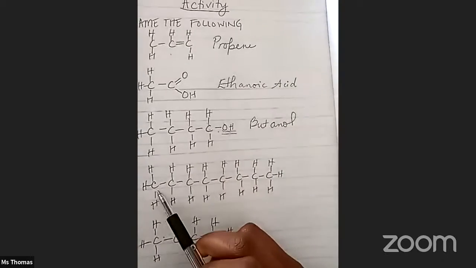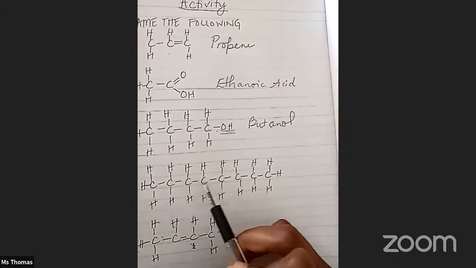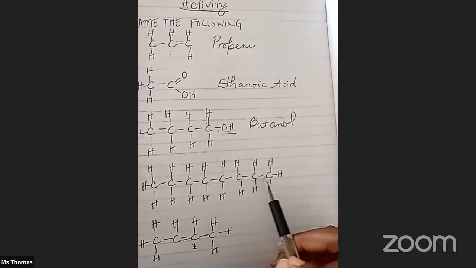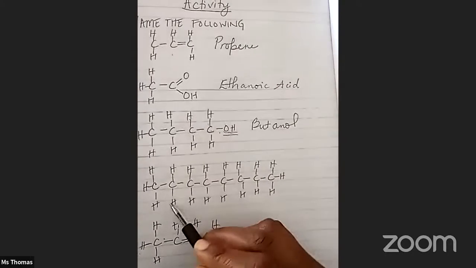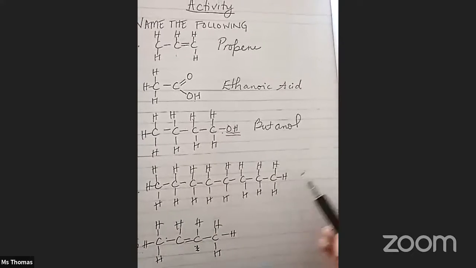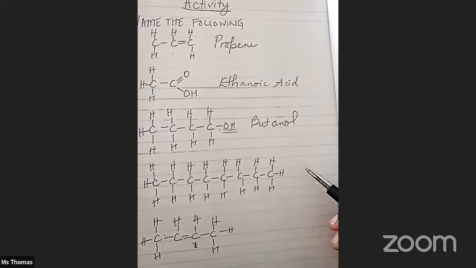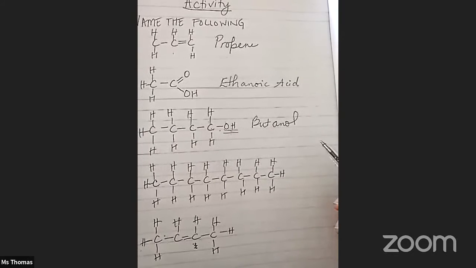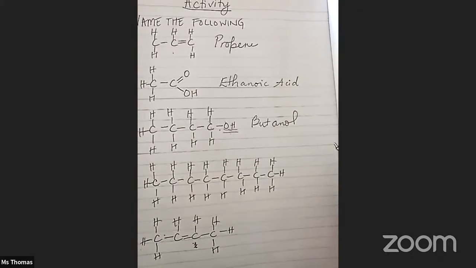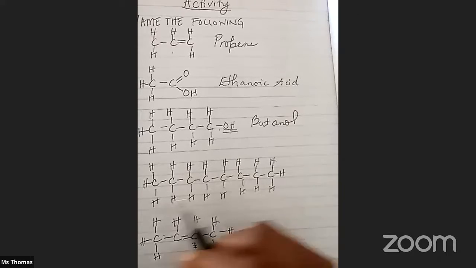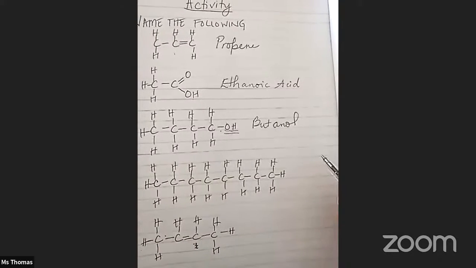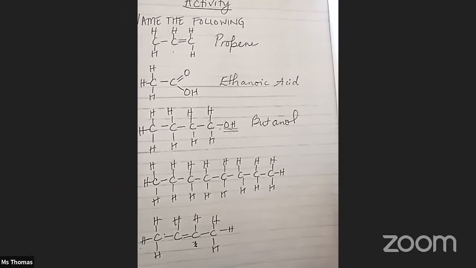Good. And this one now, 1, 2, 3, 4, 5, 6, 7, 8 carbons. What group is this from? Come on, Reggie, you know this. Which group? Which homologous series?